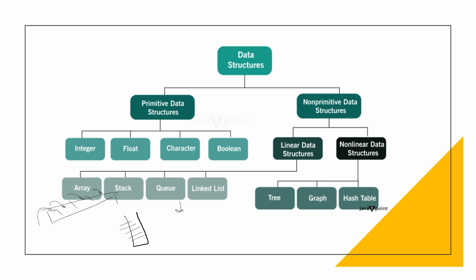A queue is like a queue you have for a ticket hall outside a movie theater. You have one, two, three, all the values in a line. Linked lists are a better version of arrays. In arrays, we can't add nodes or more memory, or if we don't use the memory, it's wasted. So a linked list is a solution to all those. We'll see later on in the videos.